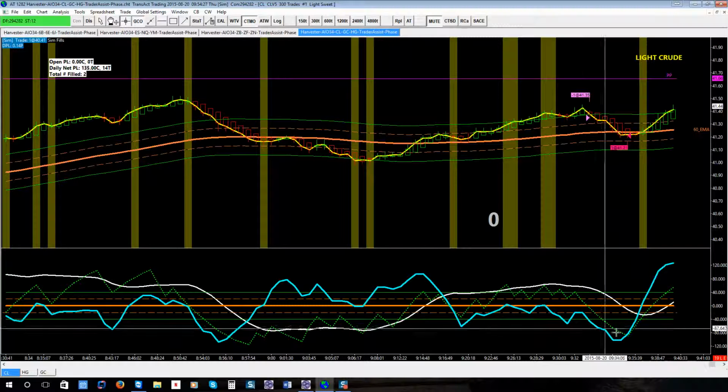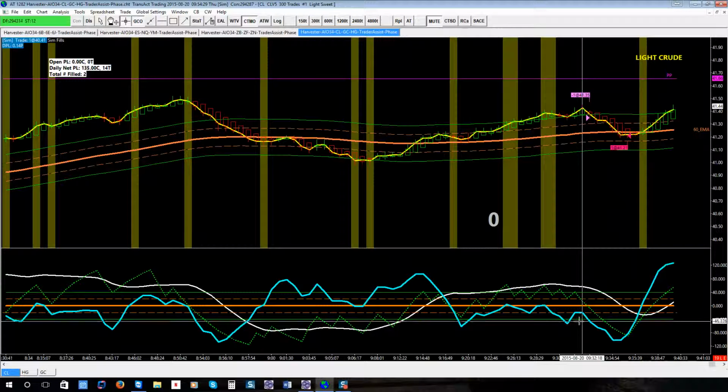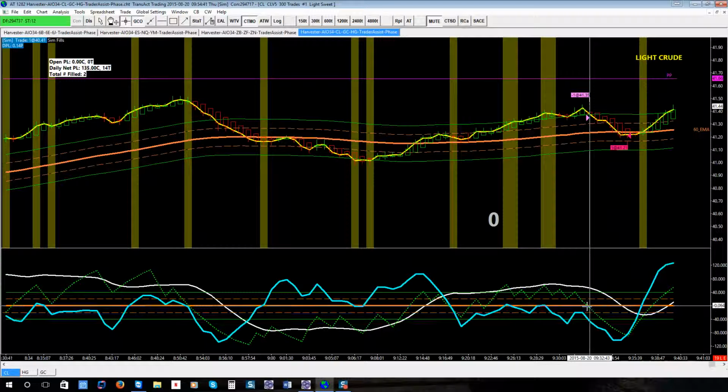As sprinters here, signal 1 is blue outside the lower mids. Yes. Signal 2 is the green dots volume with us. And here it's nice because it's with us below the zero, confirming that we should take this for a short.